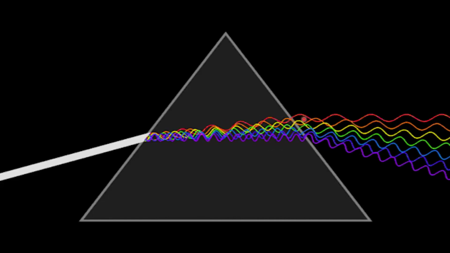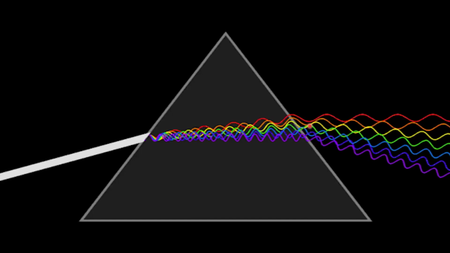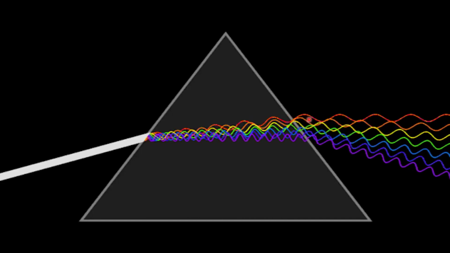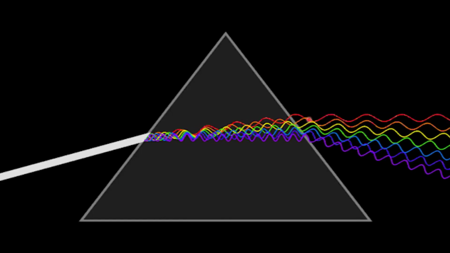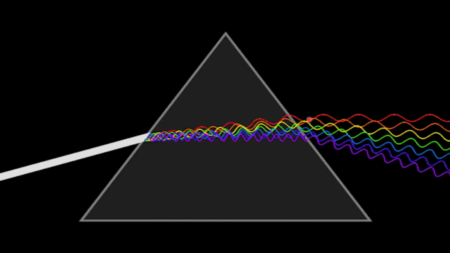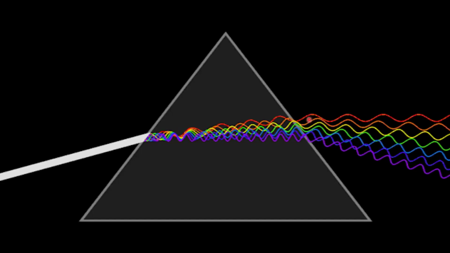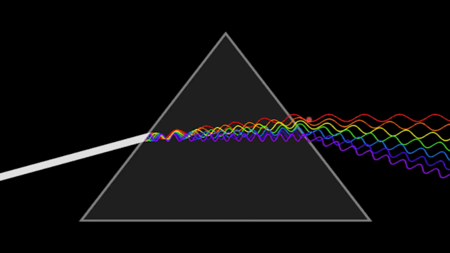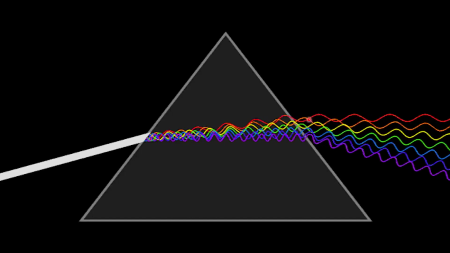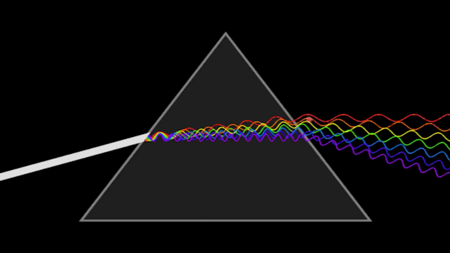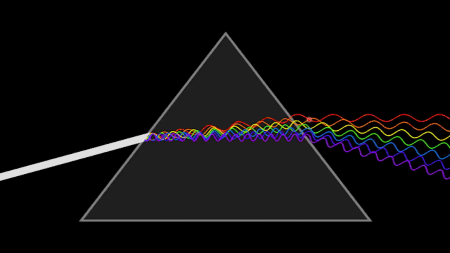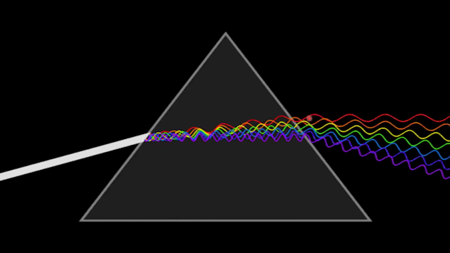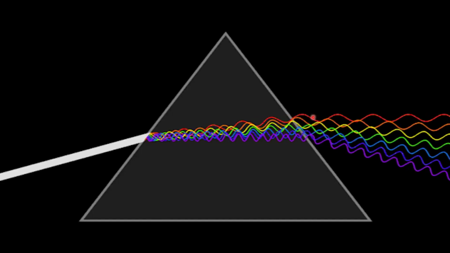So it just makes sense that if we want a signal that is affected the least, which means slowed down the least, and maybe attenuated the least, it passes easier through the medium towards the red frequencies or the red colors.